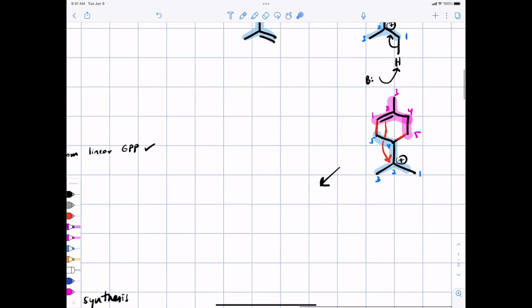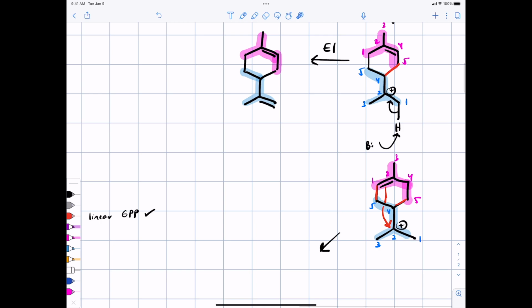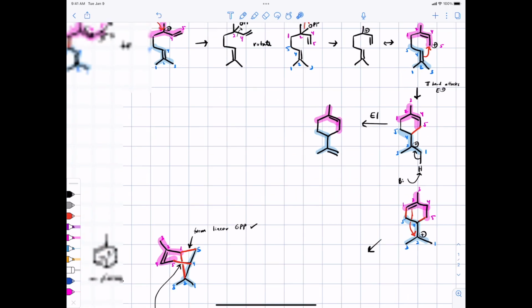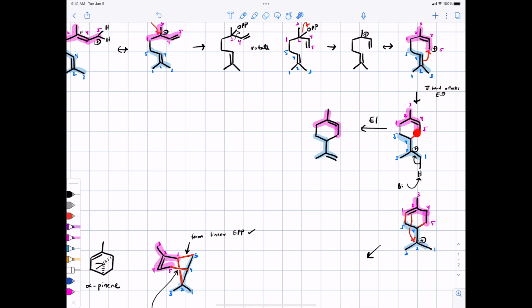One simple solution is to have the pi electrons, and there's some stereochemical issues that we're ignoring here. Carbon blue 4 is a stereocenter. The configuration of that stereocenter is going to be governed by the enzyme that catalyzes this cyclization process indicated here.